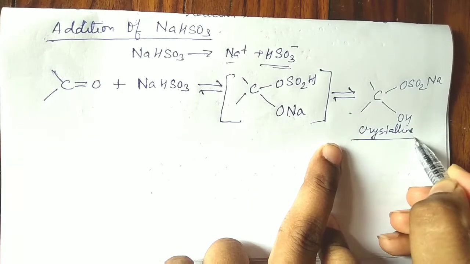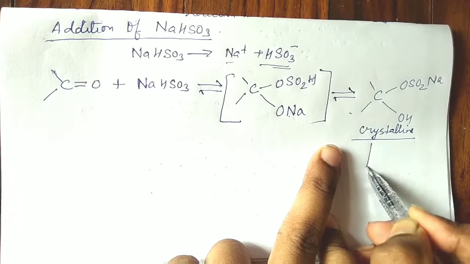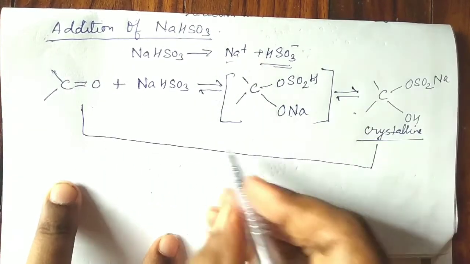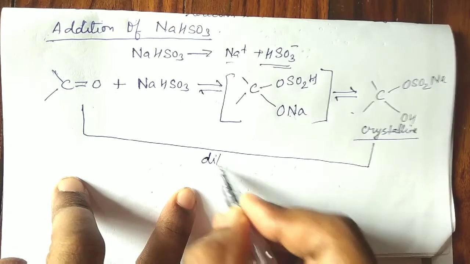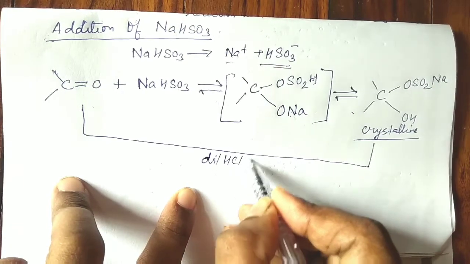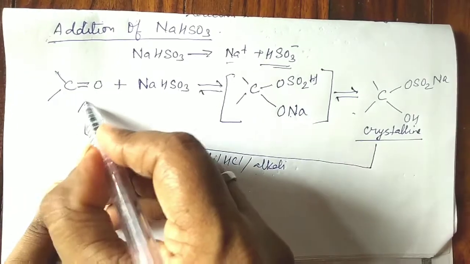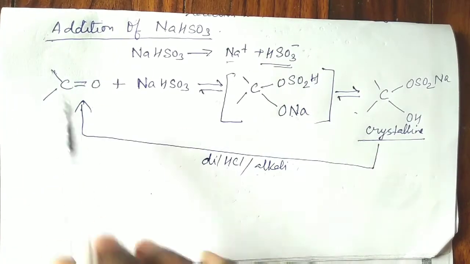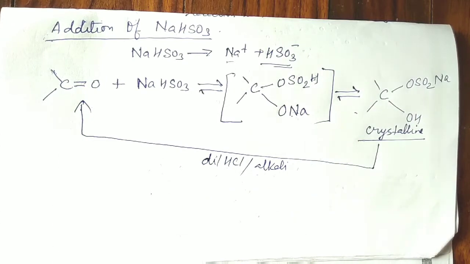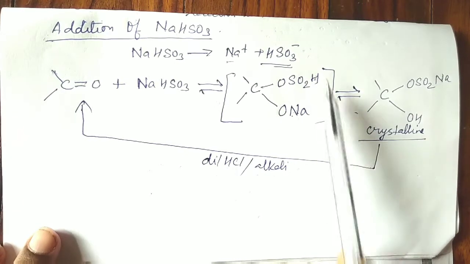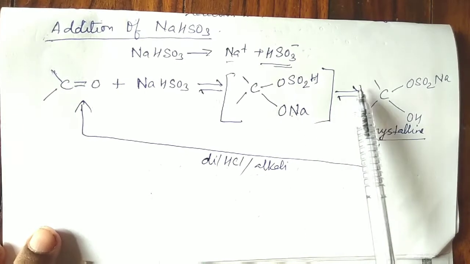When you treat this with dilute mineral acid, or you treat it with an alkali, you will get back the carbonyl compound. So this process is also used for purification of carbonyl compounds, and in this product the internal proton transfer takes place. That means proton is not provided from the medium.